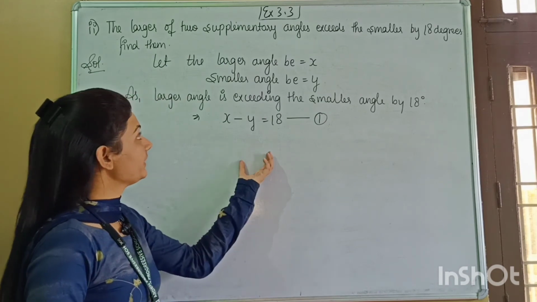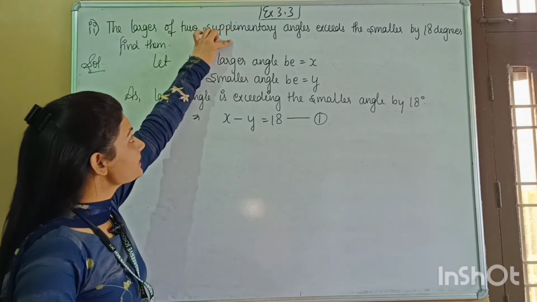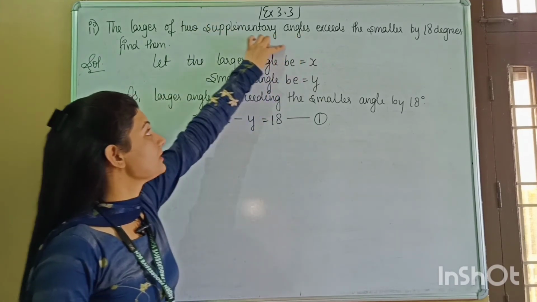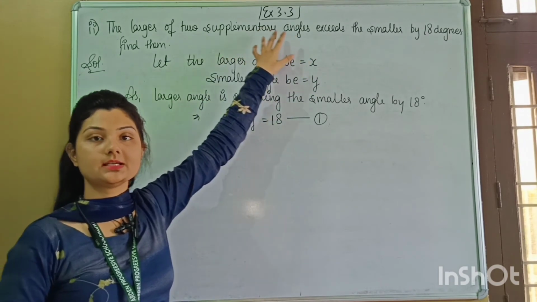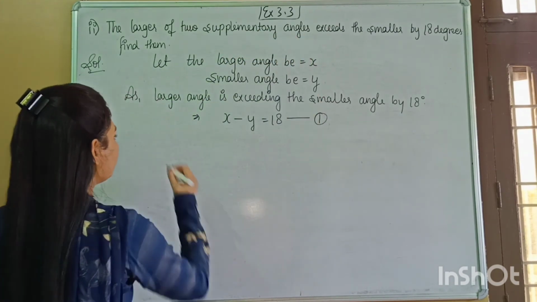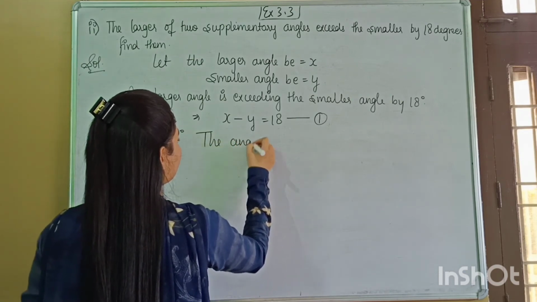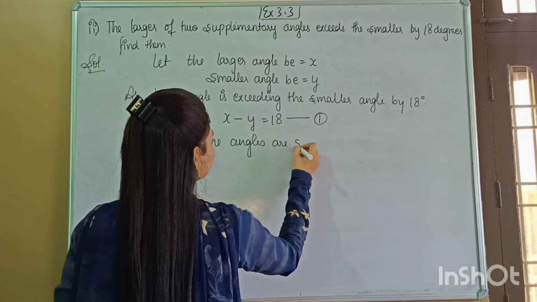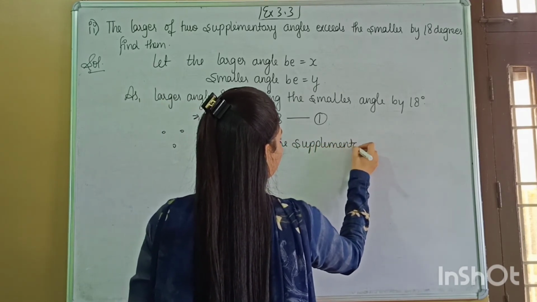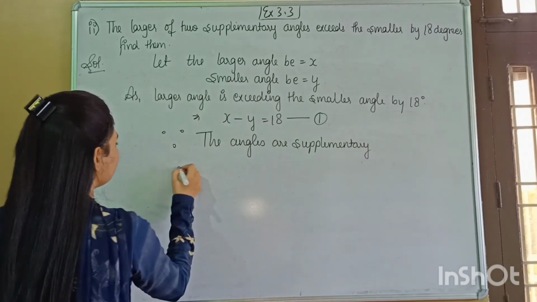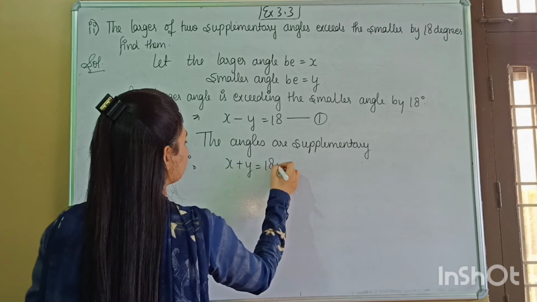Now from where we will make the second equation? See what is said, the angles are supplementary angles. And what are supplementary angles? When the sum of two angles is 180 degrees. So because the angles are supplementary, therefore x plus y will be equal to 180 degrees.